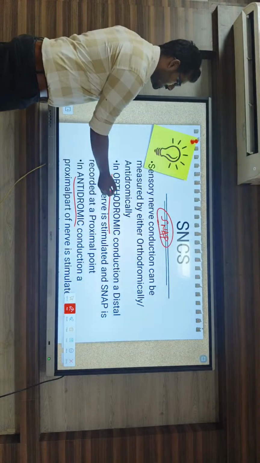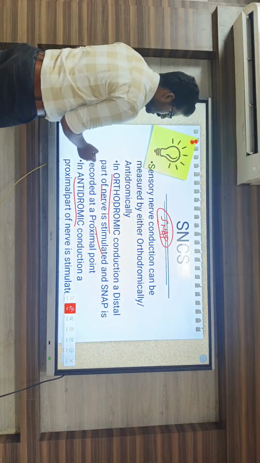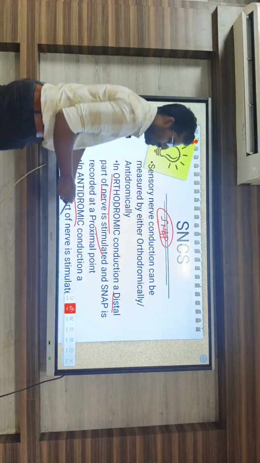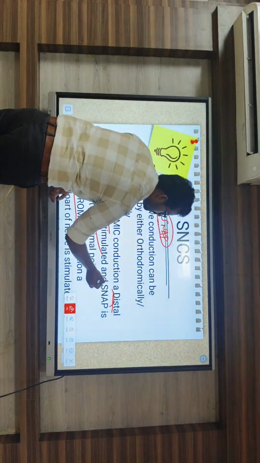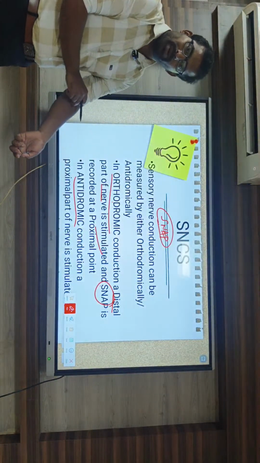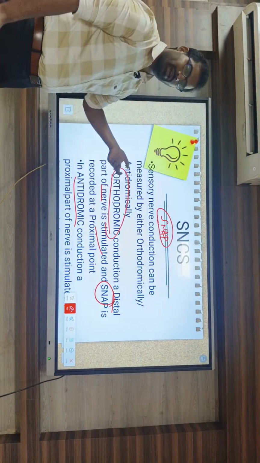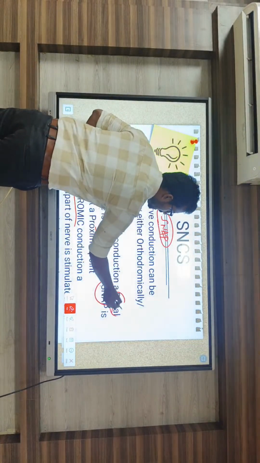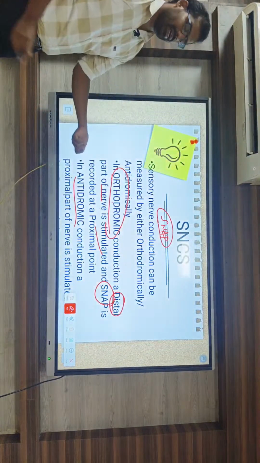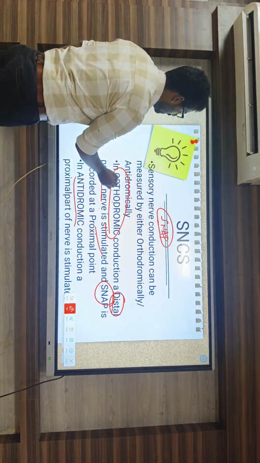Orthodromics are nothing but we are going to stimulate the nerve distally, and the SNAP, sensory nerve action potentials, were recorded over the proximal part, right? So I repeat once again. In the orthodromic manner, we are going to stimulate the nerve at the distal part and record the SNAP over the proximal part. That is known as the orthodromic.